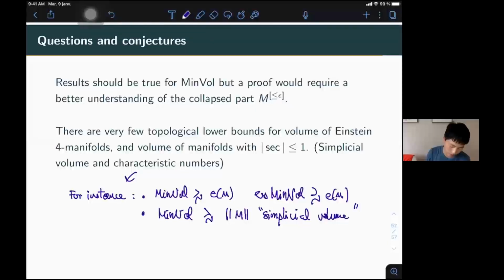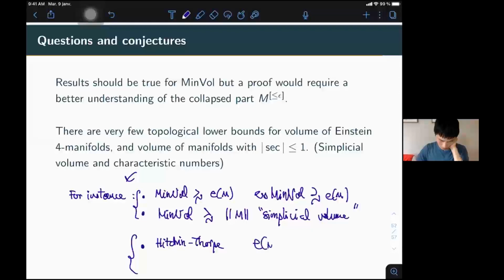So we have an obstruction using characteristic numbers, and that is due to Hitchin and Thorpe. You have an obstruction, let me remind it. So it's either 2/3 or 2/2 times the signature. So we have the signature.